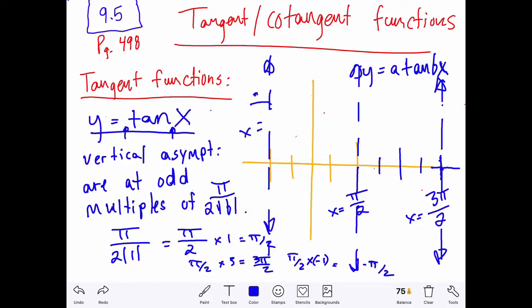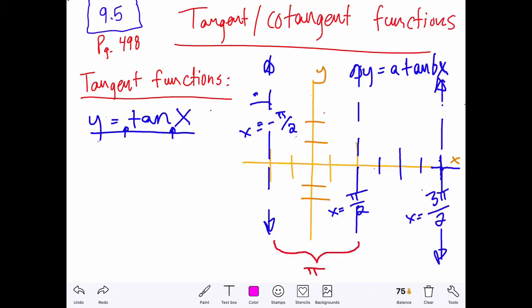And that's x equals negative pi halves. Okay, so we want to begin with these vertical asymptotes because, again, they're going to define our graph. And if we begin with them first, it'll be easier to do all of the rest of it.